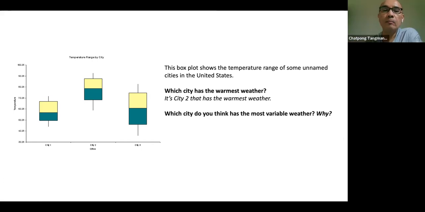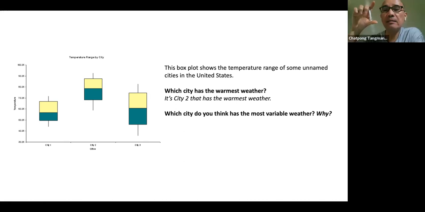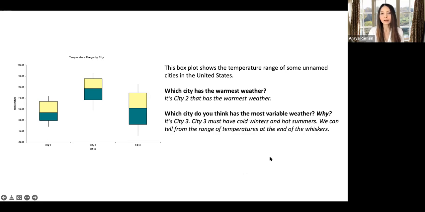It is. Very good. Okay, good job. So why do you think so? Because the box is relatively longest compared to the others. Yeah, exactly. The answer is city 3 that has the most variable weather.